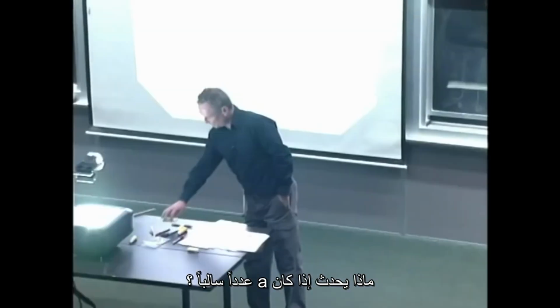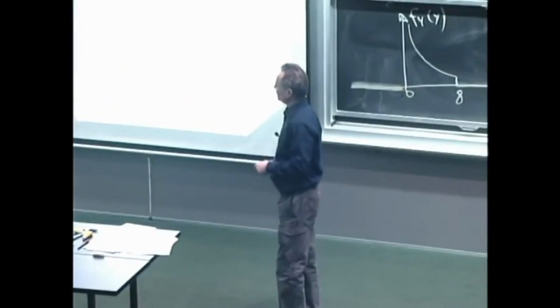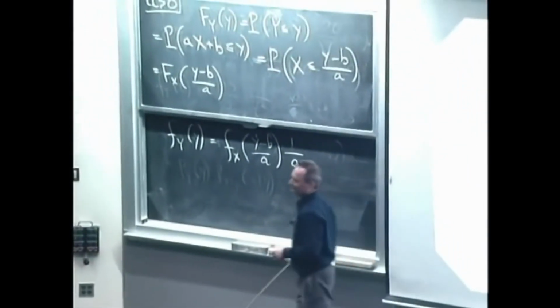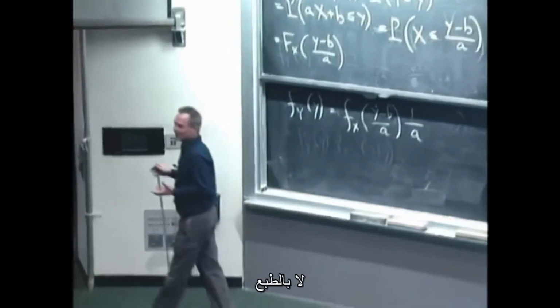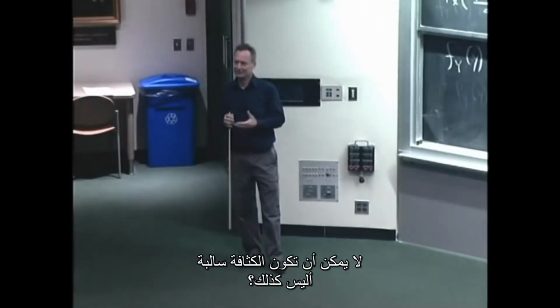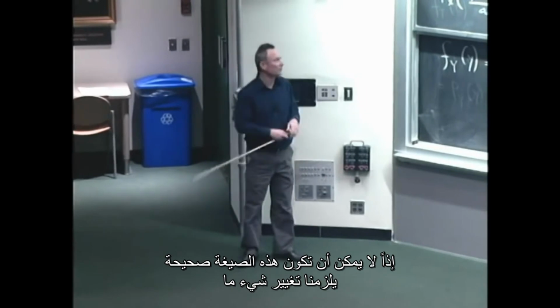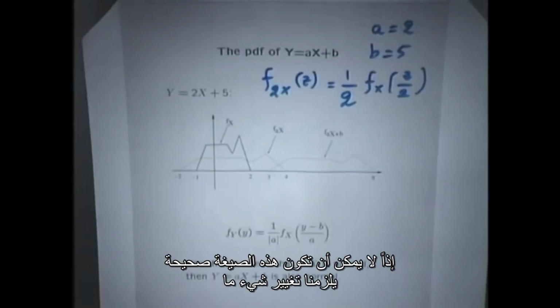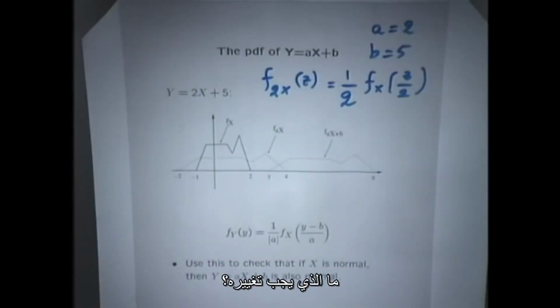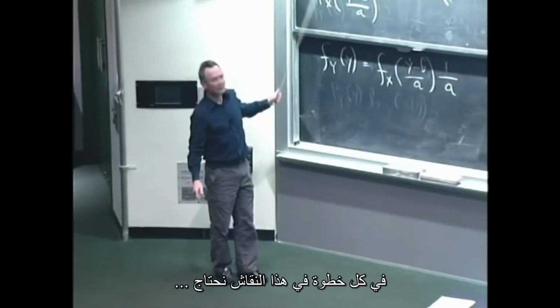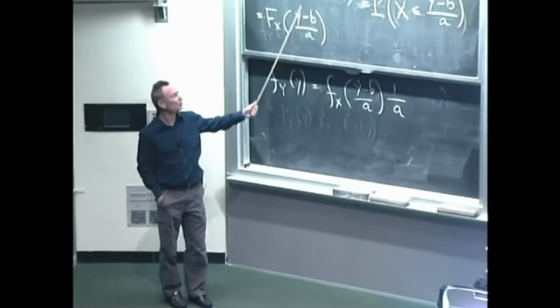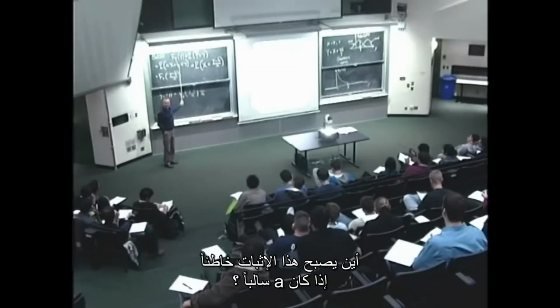All right, what if a was a negative number? Could this formula be true? Of course not. Densities cannot be negative, right? So that formula cannot be true. Something needs to change. What should change? Where does this argument break down when a is negative?